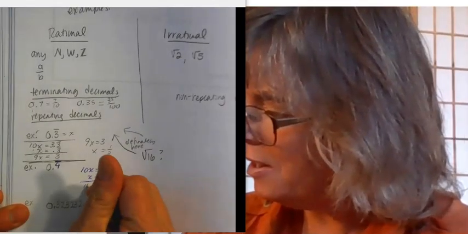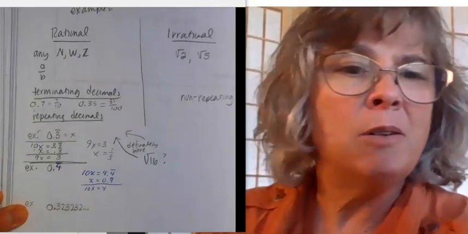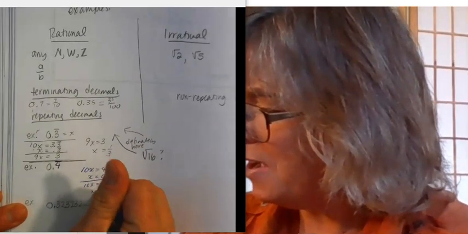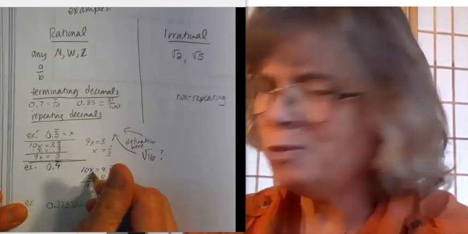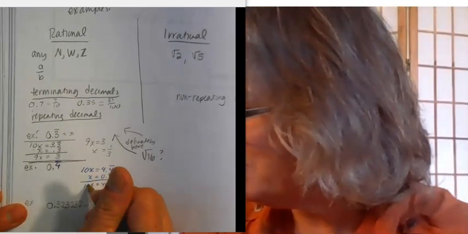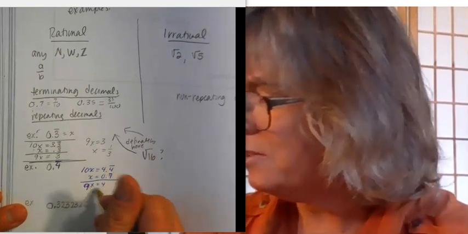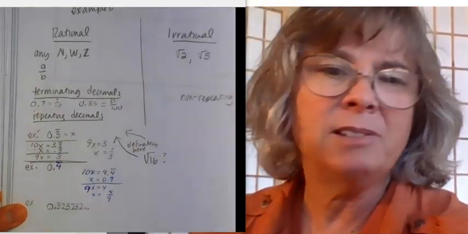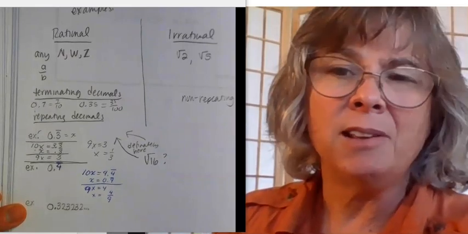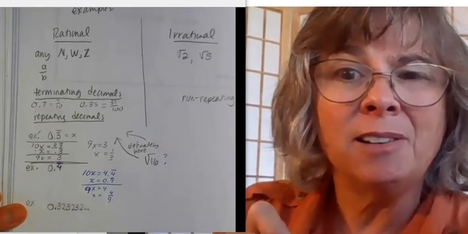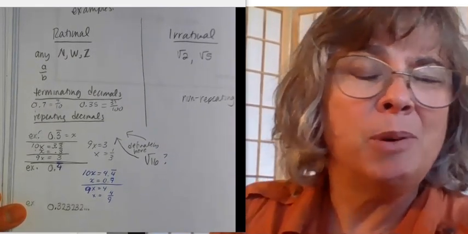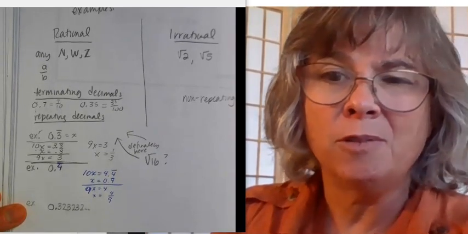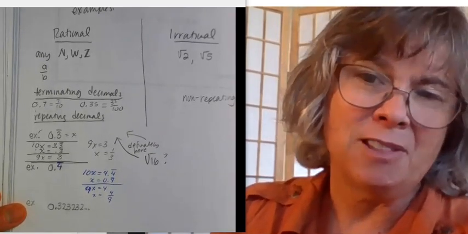And I've got 10x equals 4. How cool is this? When I subtract, 10 minus 1 is not 10. 10 minus 1 is 9. So when I divide, I've got 4/9. So 0.4 repeating is equal to 4/9. Test that out in your calculator. Take 4/9 and put it as a decimal, and you'll see it's 0.4444444, and so forth.